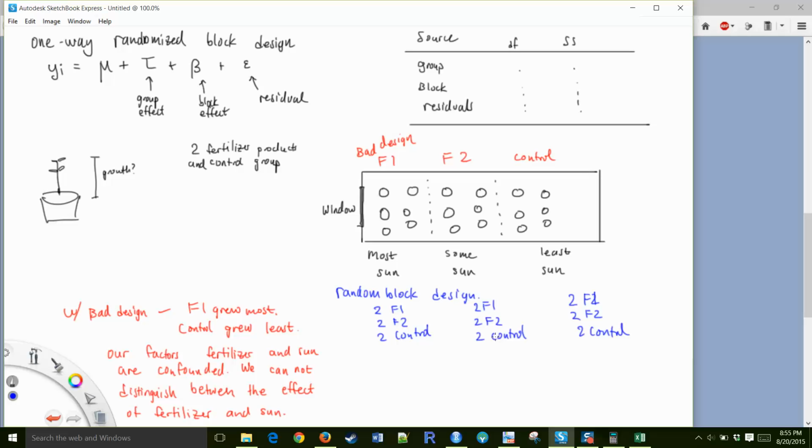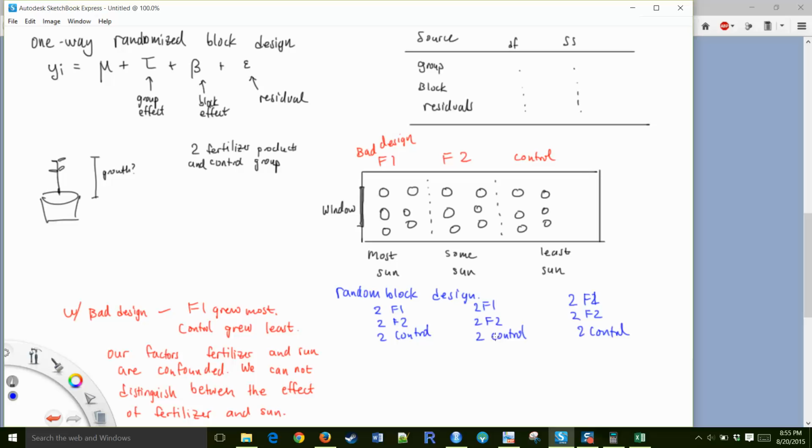And in this case, each data point is the grand mean, plus the effect of group 1, plus the block, plus what we call an interaction, and a residual.